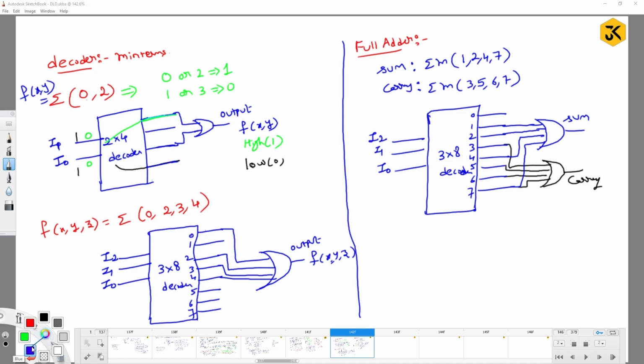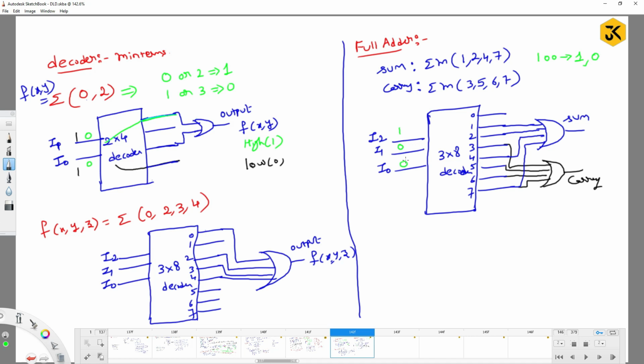Now try to solve by taking a certain example. For example, my input is 1, 0, 0. What sum do you require? 1 plus 0 is 1, 1 plus 0 is again 1, so sum will be 1 and carry will be 0, right? If I pass 1, 0, 0, where do you get the high output?